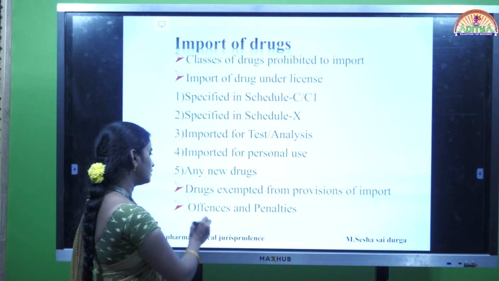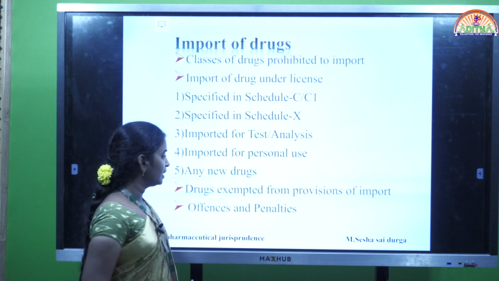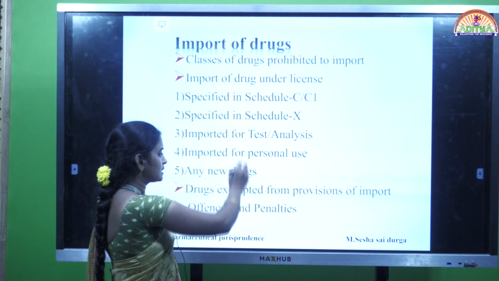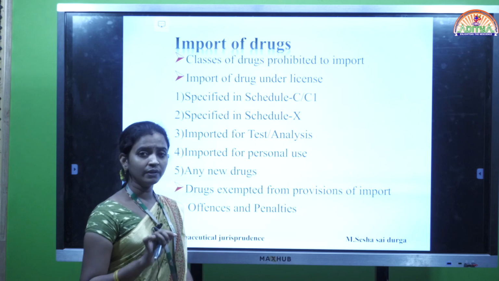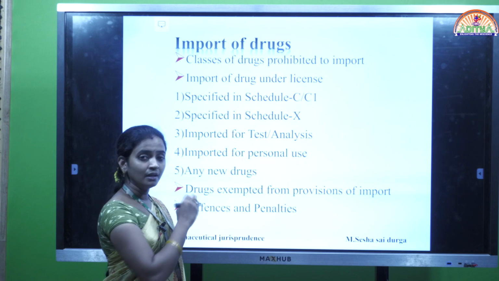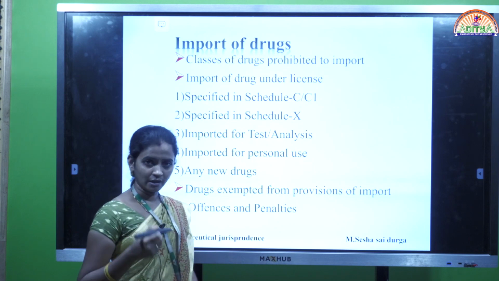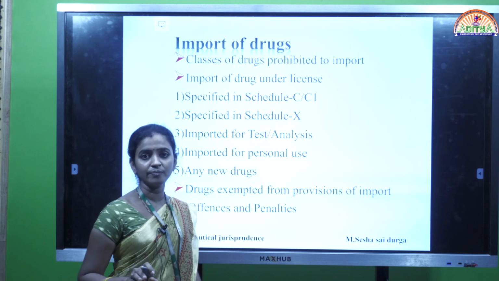And last one, offences and penalties. Offences and penalties means these are the provisions given by the Act. If any person is not following any provision of this Act, then that is considered an offence, and for that offence he is definitely liable to pay some fine.